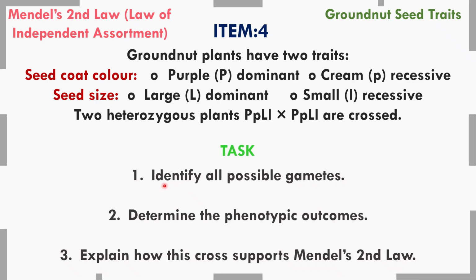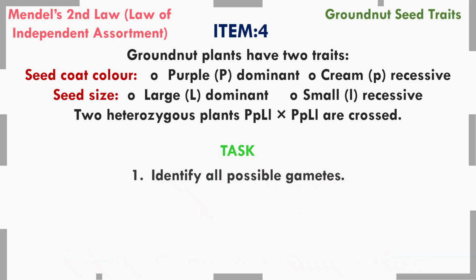Task: identify all possible gametes. Determine the phenotypic outcomes. Explain how this cross supports Mendel's second law. The gametes: capital P capital L, capital P small l, small p capital L, small p small l.